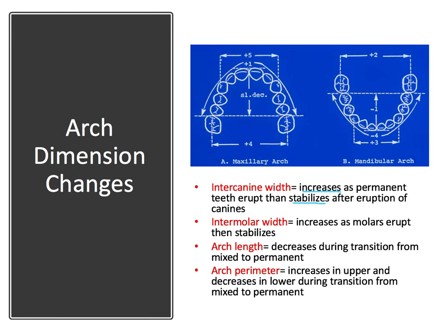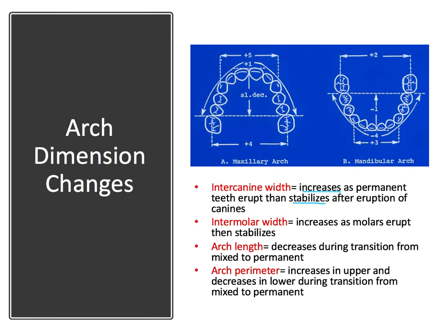Intermolar width can be measured from several different landmarks actually. This diagram shows us measuring from central fossa to central fossa on the upper, and from the distal or maybe mesial cusp tips of the lower molar to the contralateral molar. But some people measure from the gingival margin to the gingival margin, and they say that's the most stable landmark.